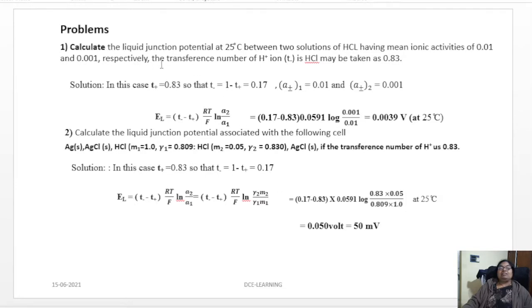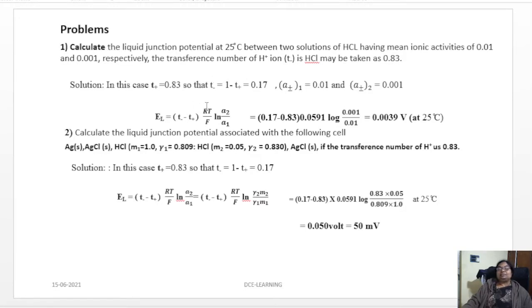Let's calculate the liquid junction potential at 25 degrees centigrade between two solutions of HCl having mean ionic activities of 0.01 and 0.001 respectively. The transference number of H plus ions in HCl may be taken as 0.83. So T plus is equal to 0.83, and T minus is equal to 0.17.